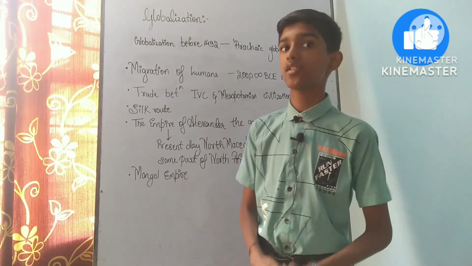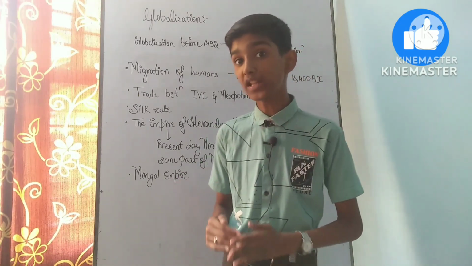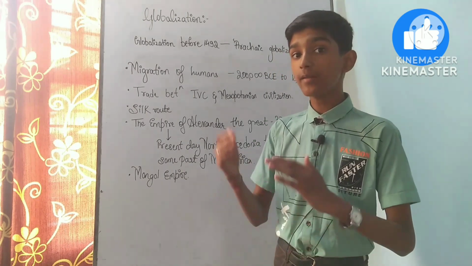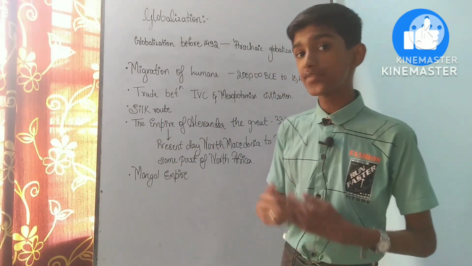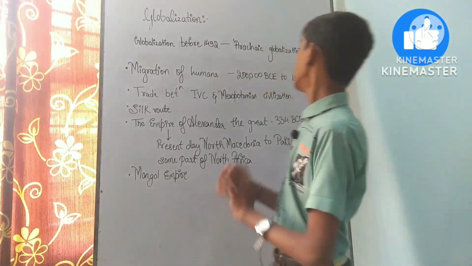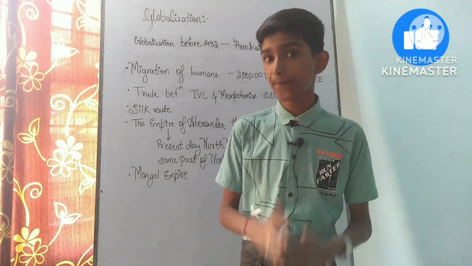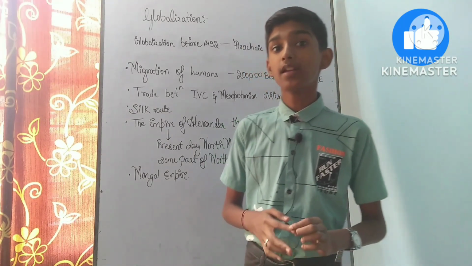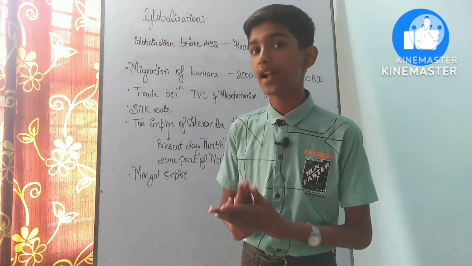Some of the proofs or examples that historians give and argue that globalization had started way before 1492 are, as we all know, the migration of humans, which started around 200,000 BCE to 18,400 BCE from East and South Africa to other continents of the world except Antarctica.